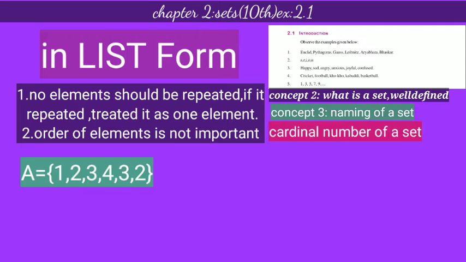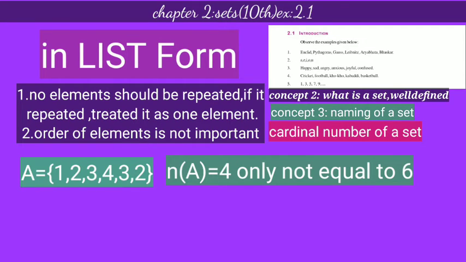Here you observe 2 and 3 are repeated twice. So the cardinal number of this set is not equal to 6. Here n(A) should be equal to 4 only, because the elements 2 and 3 are repeated. So you have to remember that particular thing.